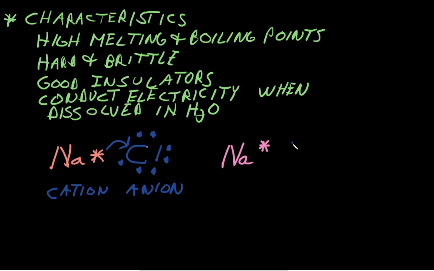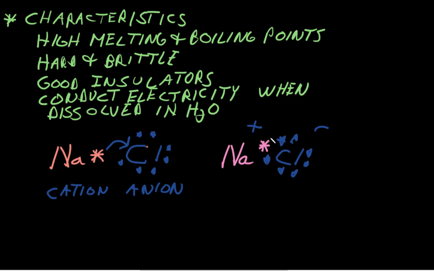Chlorine has 7 electrons in its outermost energy level. So the chlorine now becomes a negative ion, seeing it picked up 1, it has a -1 charge. Sodium, on the other hand, lost 1, so it has a +1 charge.